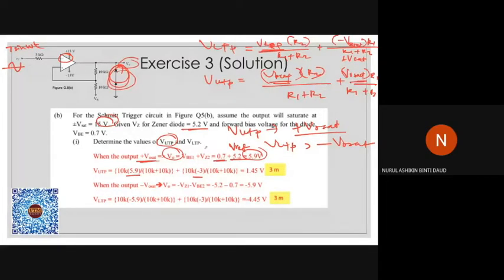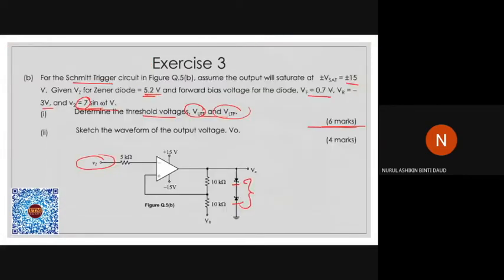Oh, because of the reverse value, sorry. You need to take this one, minus 3, because this is the reverse value. It's not here, but it's given here, V reverse.